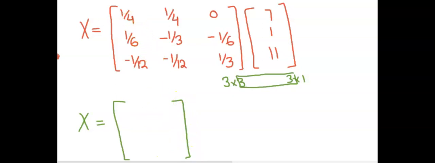Yeah, so this times that plus this times that plus this times that will give you an answer, and then you do this times that plus this times that, that will give you another answer. Let me write it down.